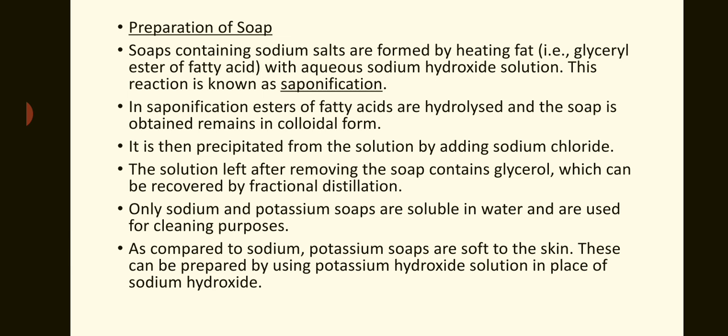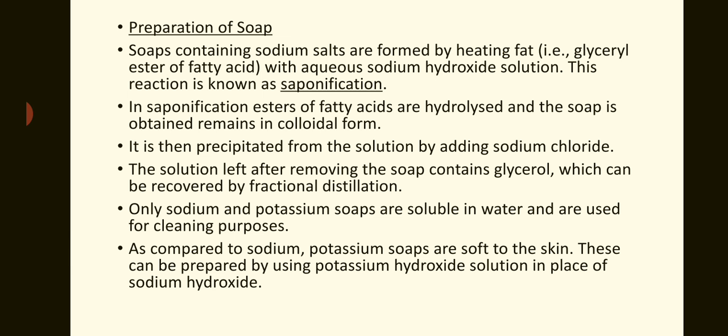or for example, glycerol esters of fatty acids with aqueous sodium hydroxide solution. It is treated with NaOH. This reaction is known as saponification. In saponification, esters of fatty acid are hydrolyzed and soap is obtained, remaining in colloidal form, and glycerol is obtained as a byproduct.